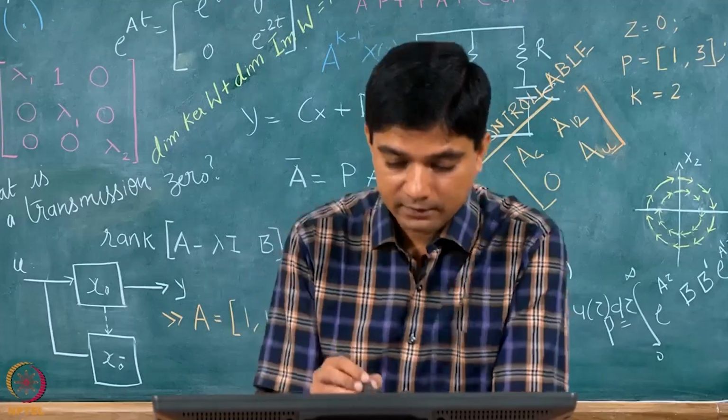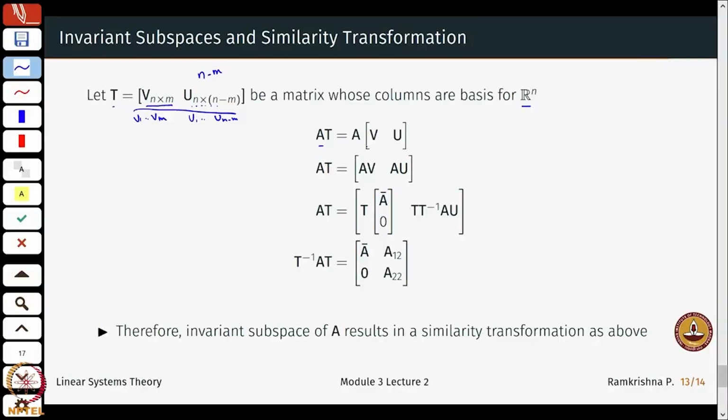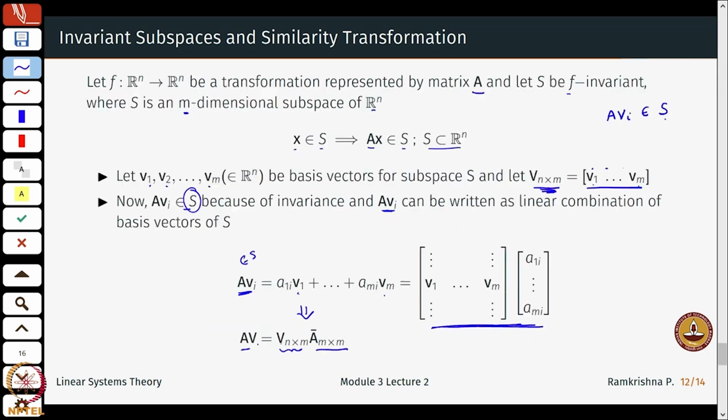And then A times T can be written in this way, A times V and U, where T is actually V and U. So, A times T is now a matrix which has components AV and AU. Now I go back here and exploit this relationship: A times V is V A bar.